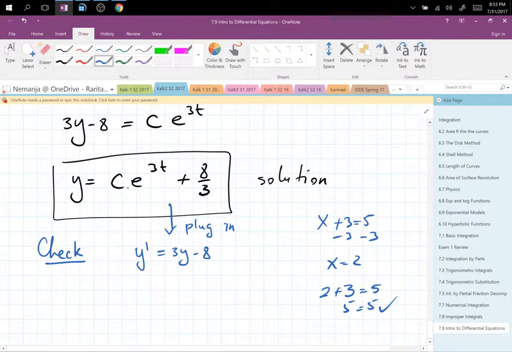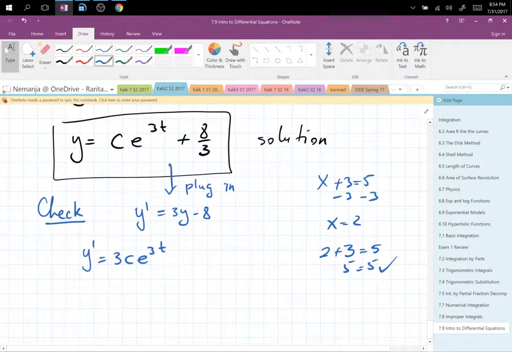All right, so what's the derivative of y? It's going to be 3c e to the 3t plus 0. Great. So now plug everything in.